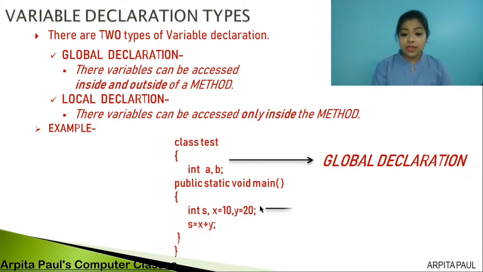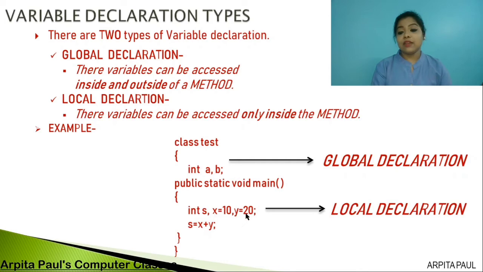And these variables s, x and y are local declaration. Why? Because these are declared inside the main method. So this is accessible within the main method only. Outside the main method there is no existence of s, x and y. But a and b, as these two are global, are accessible inside this void main method and outside the method also. This is the difference between global and local declaration.